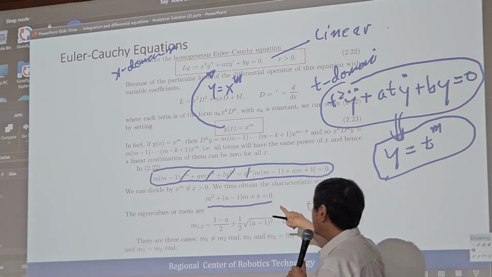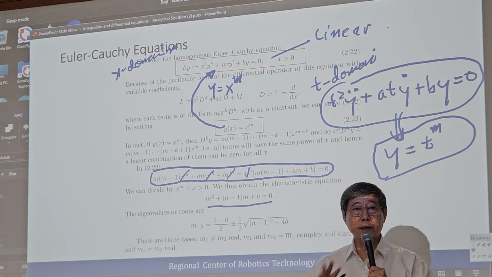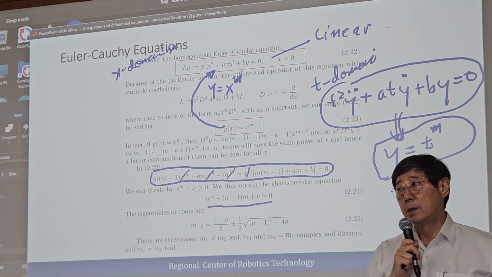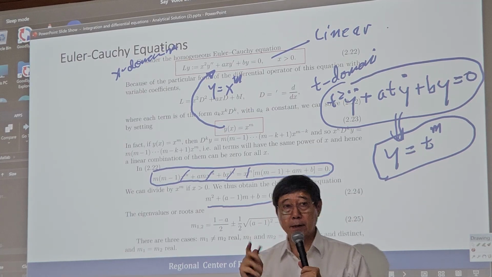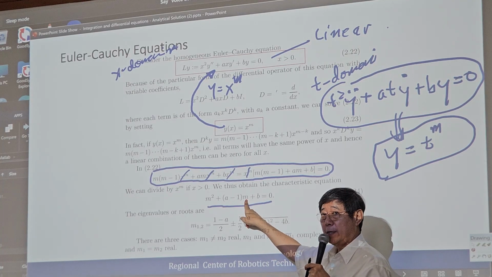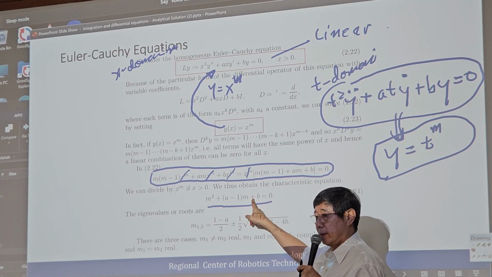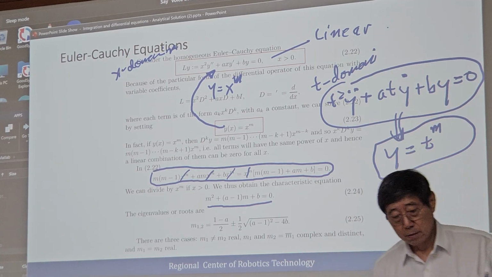We call this the characteristic equation. Similarly, there are three cases: m distinct, m repeated, and m complex conjugate.